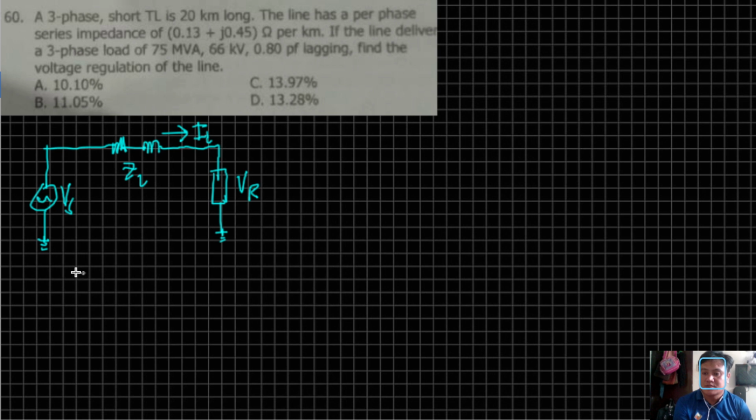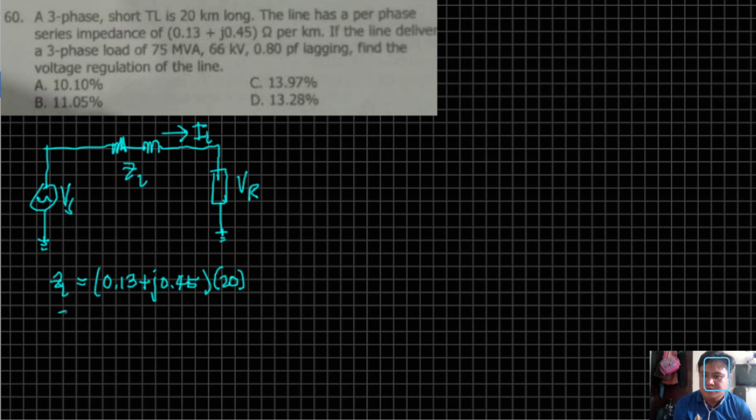Okay, so ang impedance natin is given in ohm per kilometer. So we need to multiply it first by the length of the transmission line para makuha natin yung overall na impedance. So that would be equal to 0.13 plus J of 0.45, then multiplied by 20.